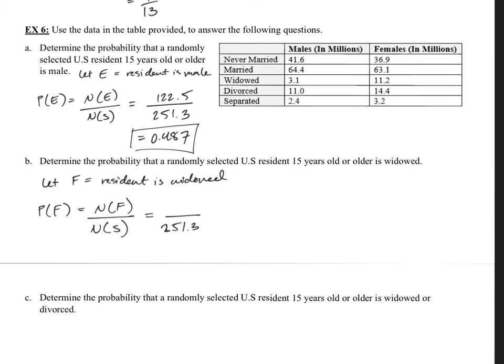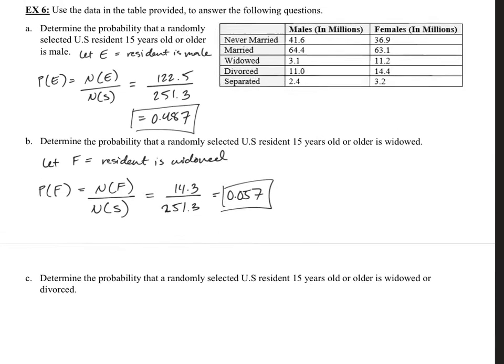So now to find the number of people widowed, we're going to add up the widowed numbers. We have 64.4 and 63.1. So adding those up, we end up with 14.3. And that gives me 0.057. So if we picked people, the probability that they are widowed is 0.057.